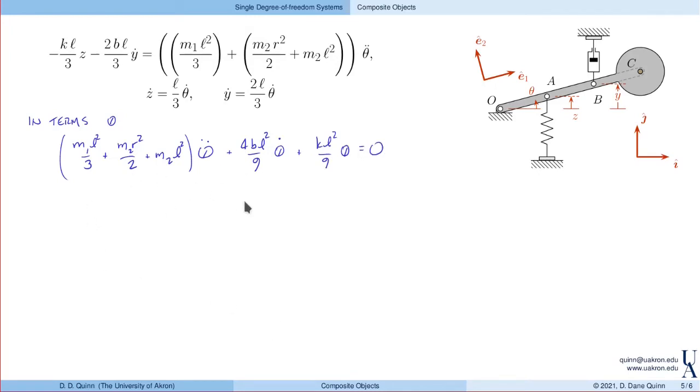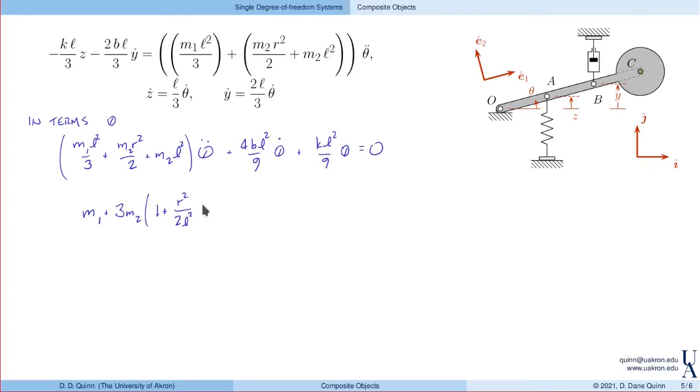Okay, I can simplify this a little bit. Notice that there's a bunch of L squares that I can cancel out. I got a factor of 3 that's common here. So, in fact, I can rewrite this with just a little bit of algebra as m1 plus 3m2 and then 1.